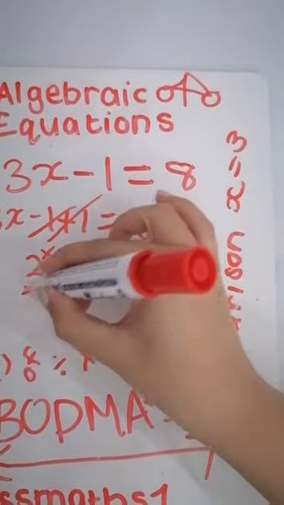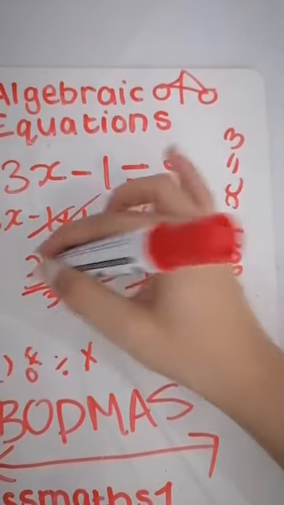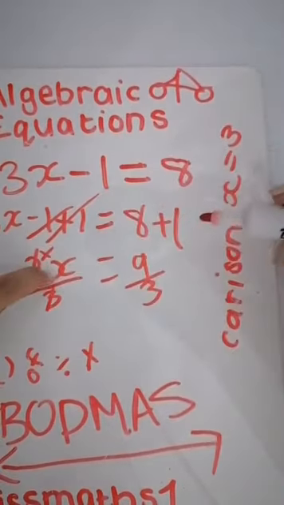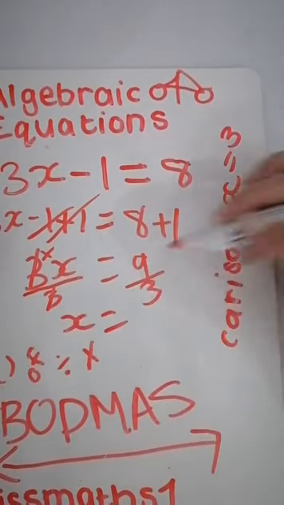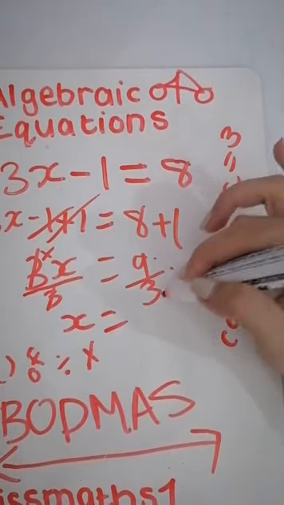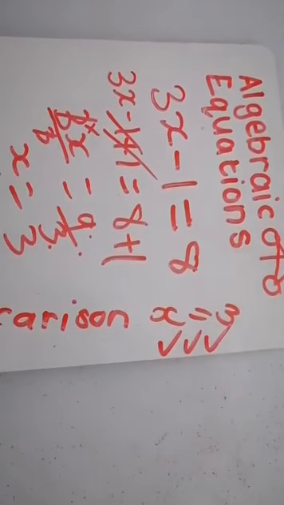So I'm going to divide both sides by 3. Cancels out, and you are left with x on this side. You've successfully isolated it. And on this side, 9 divided by 3 is indeed 3. So well done. Your guess is correct.